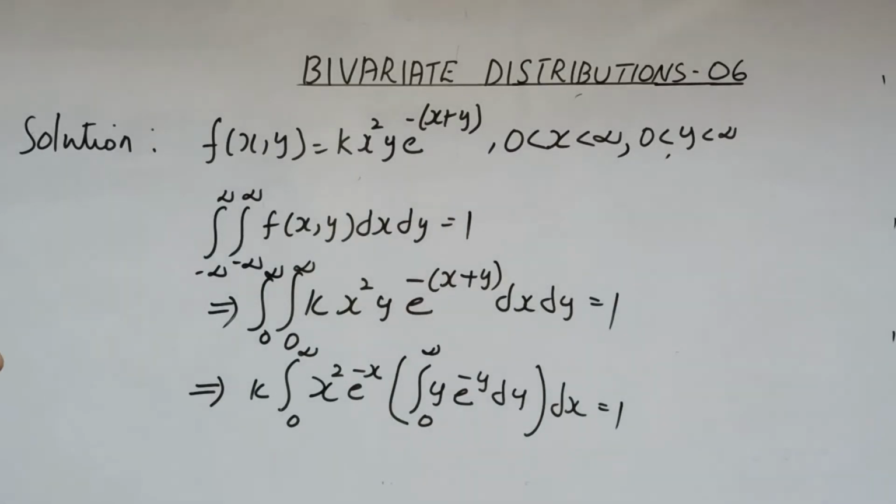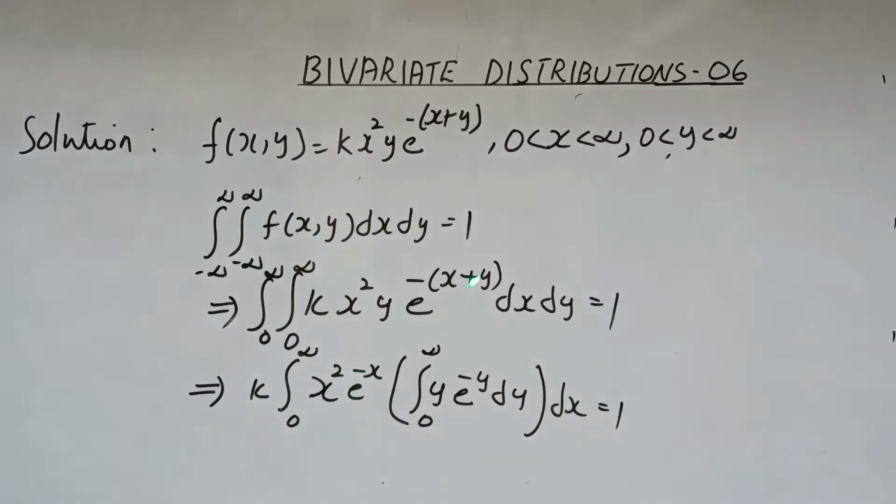Let me explain. This function can be split as kx square y e raised to minus of x plus y, which can be written as kx square y e raised to minus x into e raised to minus y. So we take k outside and integral 0 to infinity x square e raised to minus x dx.